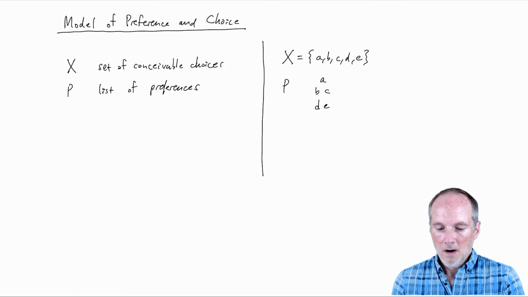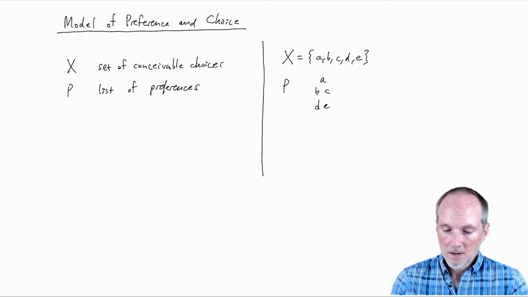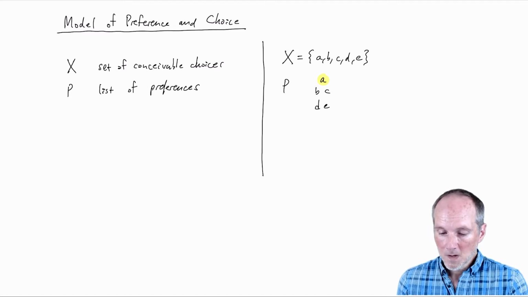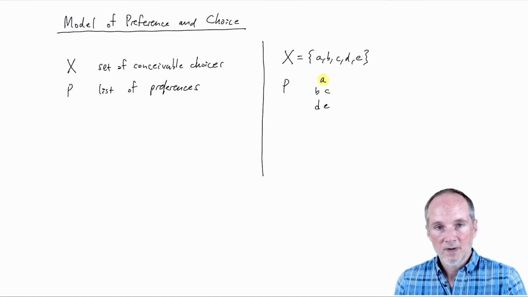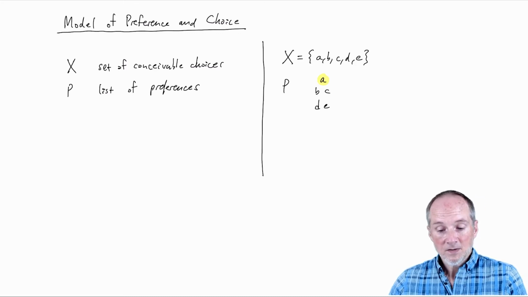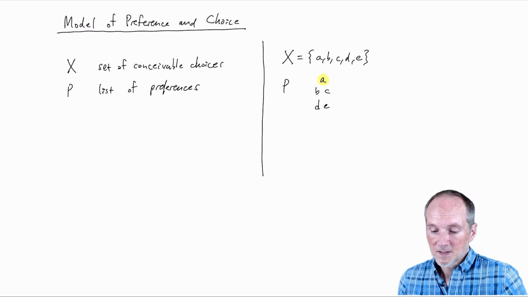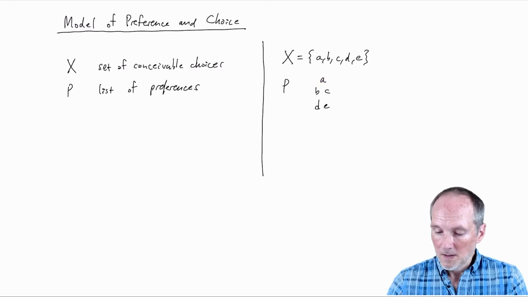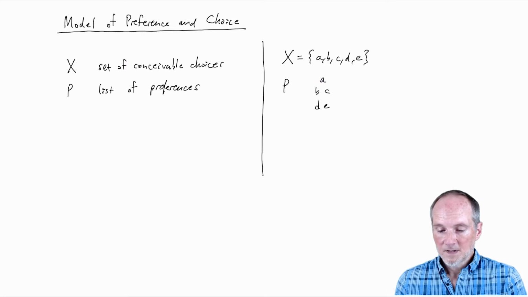When all of those conceivable choices were available, we applied the optimality principle, and we noted that the best thing this person can choose is A. And that model gave us a prediction. I should say it could also be used normatively to say that this person should choose A. At any rate, that was the basic model.